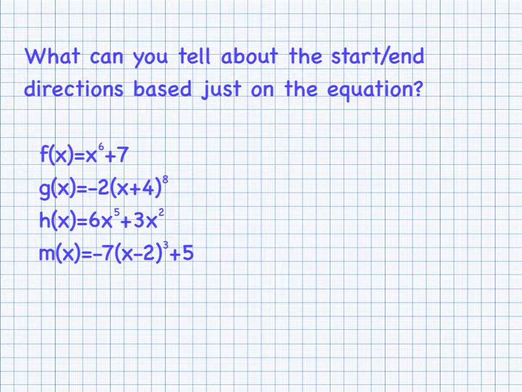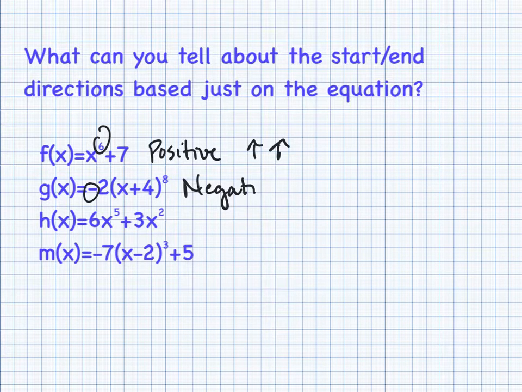Okay, so this one is going to have a positive orientation, and it's an even degree root, so you're going to have up and up. That gives us a negative orientation. That is even, so down and down. That gives us a positive orientation.